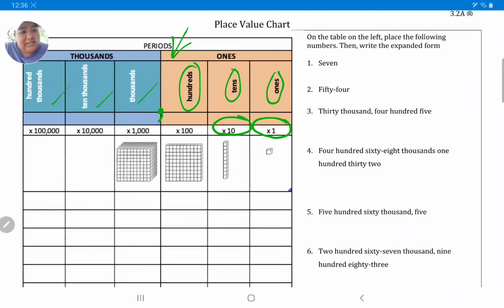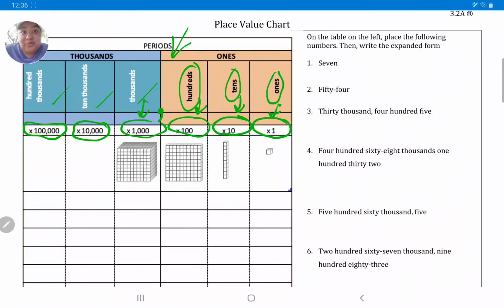Now, underneath it, you also have this: times 1, times 10, times 100, times 1,000, times 10,000, times 100,000. Now, why is that there? Well, that's going to help you out a lot today. Okay? So you know that a 1 is worth how much? 1. A 10 is worth how much? 10. 100 is worth 100.